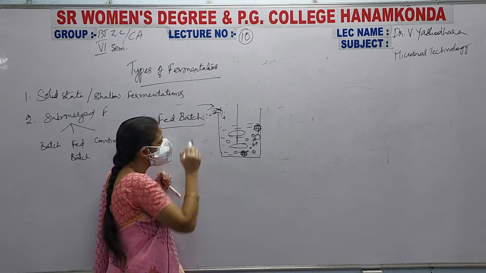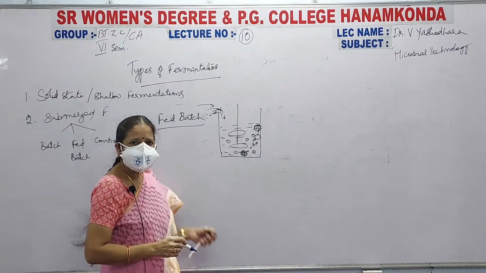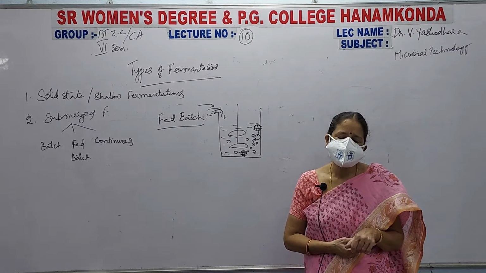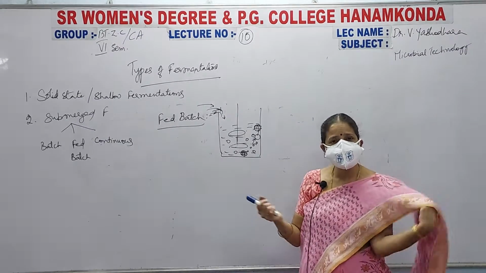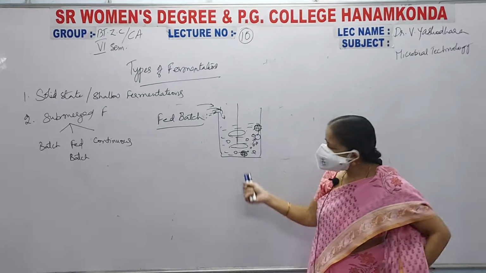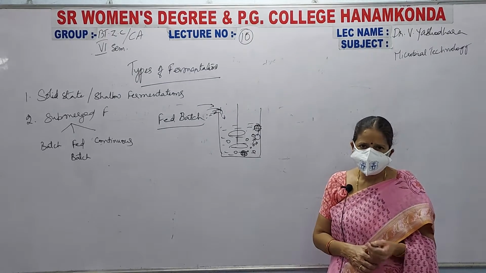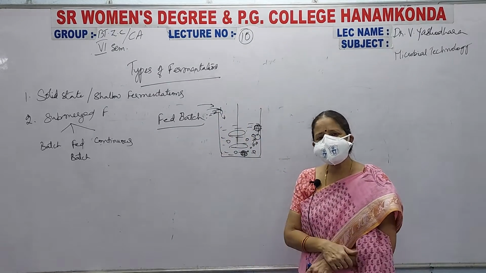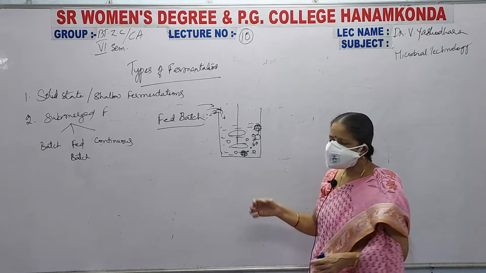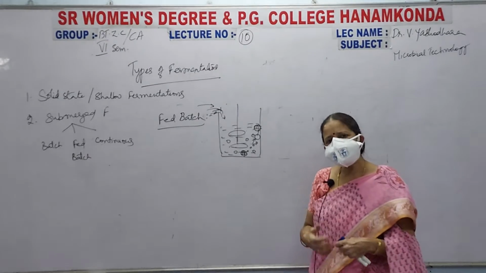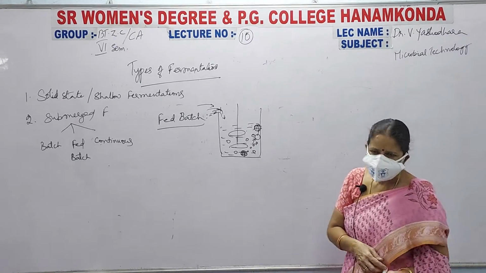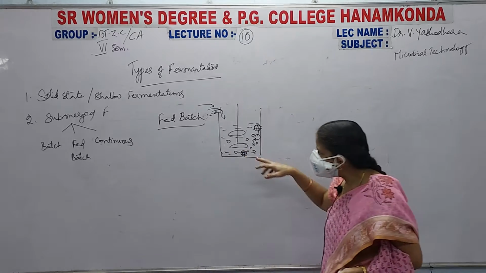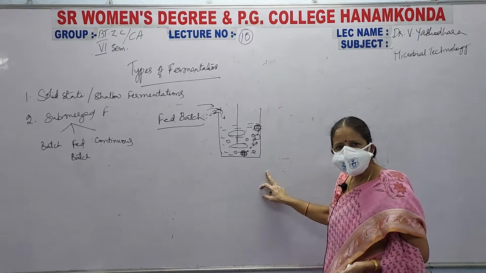Again you will be adding the nutrients and chemicals, that is, sterile bacterial culture medium is again added without microorganisms, so that continuously, without collecting them for our experimental purpose, you will be loading the nutritive medium, so that the microorganisms get the nutrients and feed on the chemicals present in the culture medium, and their number increases. So when compared to batch culture, in fed batch culture the cell density increases.